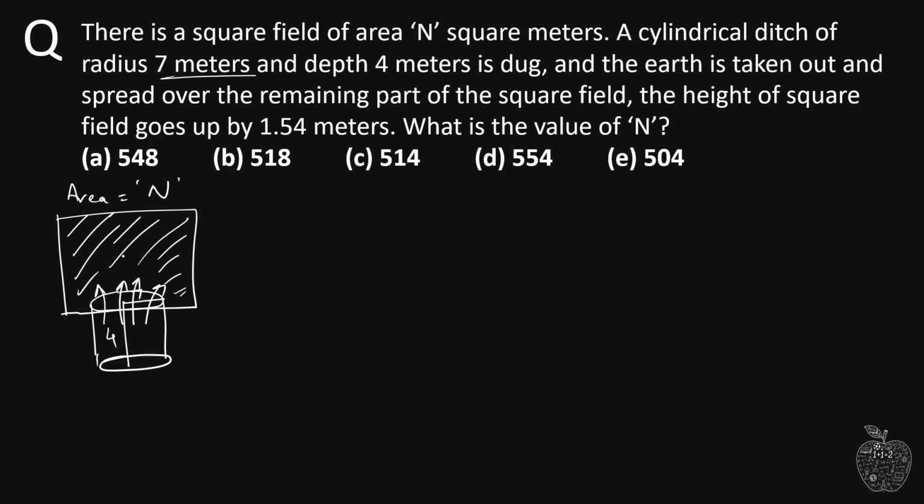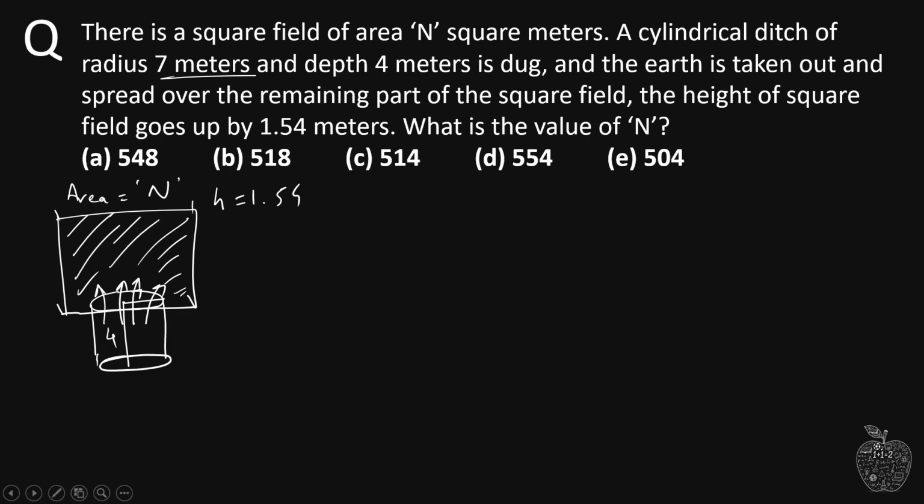By doing so, the height of this field is raised by 1.54 meters. We have to find out the value of n, that means the area of this entire field.